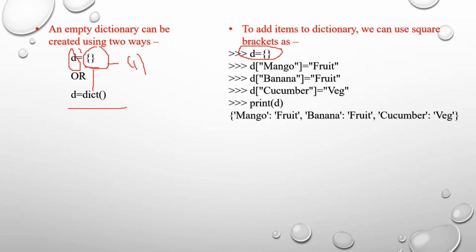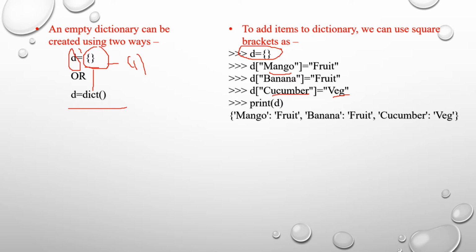For example, d, open square bracket, mango within quotes, is equal to fruit, and the second item is d of banana is equal to fruit. The next item is d of cucumber is equal to veg. This is the syntax to add items to dictionaries.